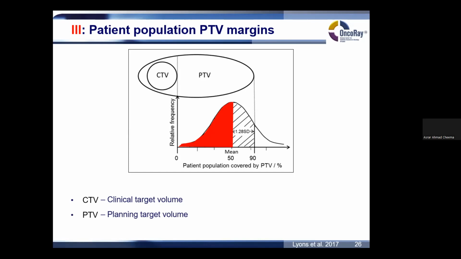So one needs to expand. One needs to go further from the mean up to 1.28 standard deviations, thereby achieving the 90% patient population coverage.